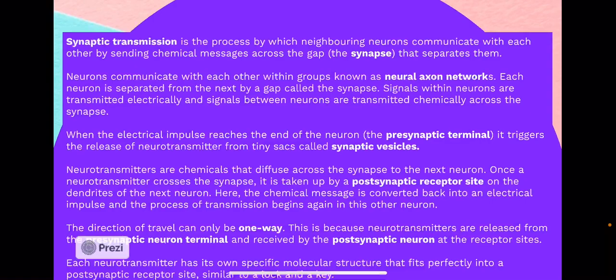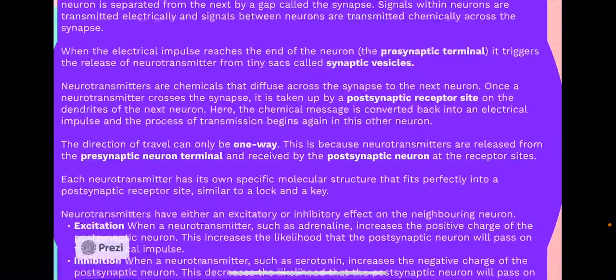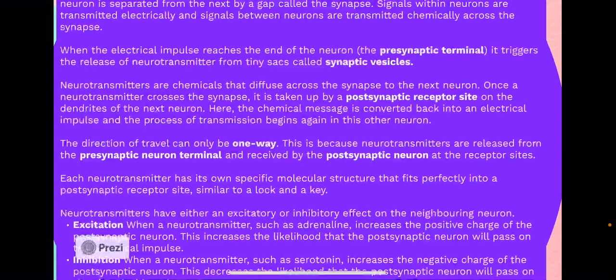So this next bit is the key bit to explain how synaptic transmission works. When the electrical impulse reaches the end of the neuron, the presynaptic terminal, it triggers the release of neurotransmitter from tiny sacs called synaptic vesicles.